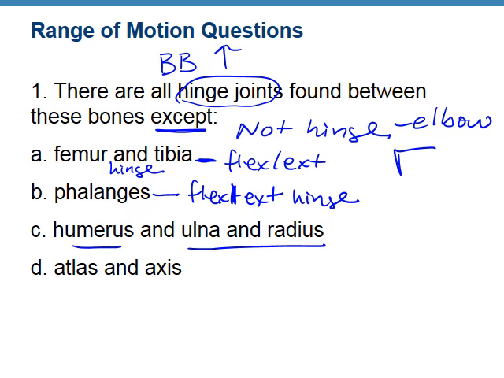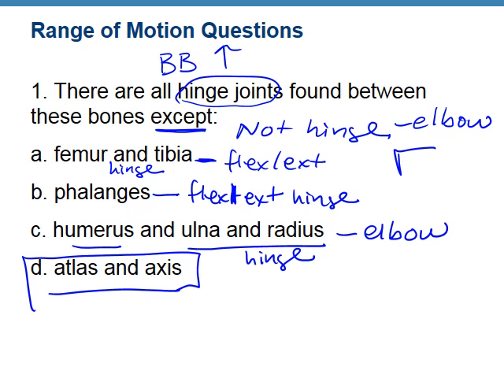The humerus, radius, and ulna. This is your elbow. This was our great example of a hinge joint. So this is hinge. Your atlas and your axis. Well, it's the only answer left that's not, so it must be the correct answer. But also think about what type of joint it is. So remember, we had our axis, which has that dens that sticks up, and then our atlas comes around.